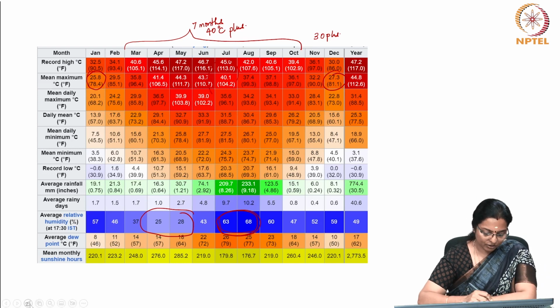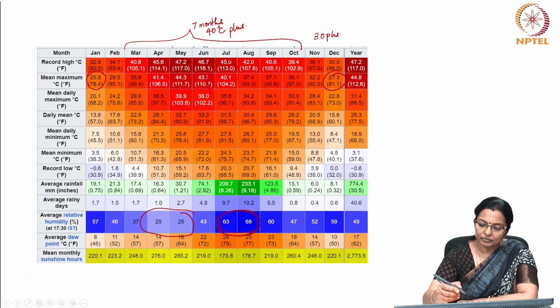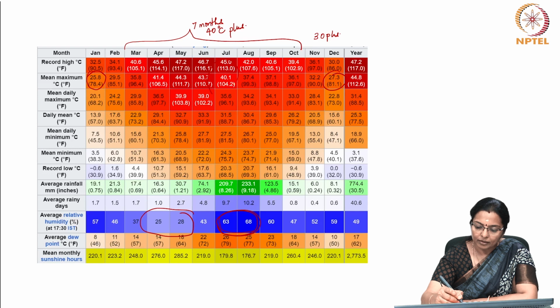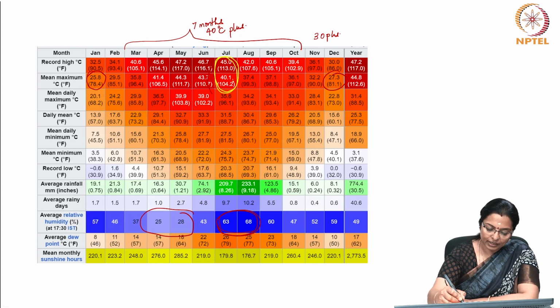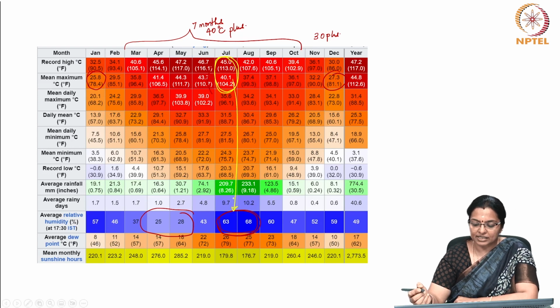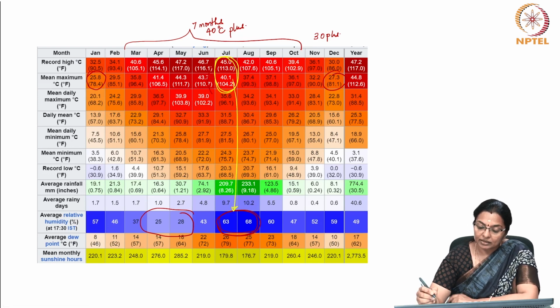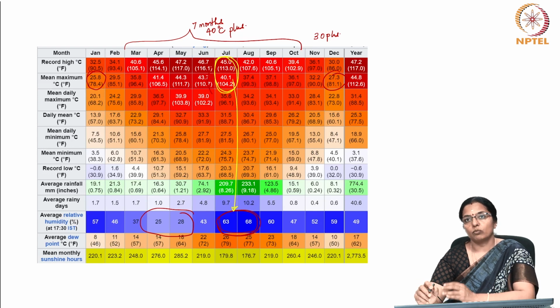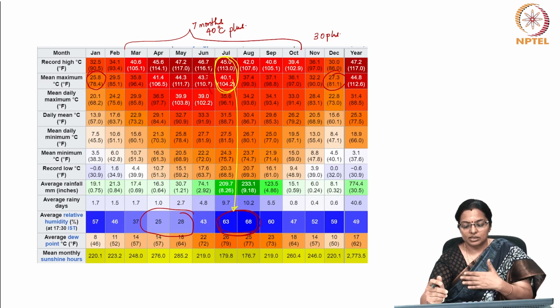So, if you actually see, when the temperature is touching 40, mean maximum touches 40, the humidity is 60. This combination can make it very dry and can cause the skin to have a burning sensation.